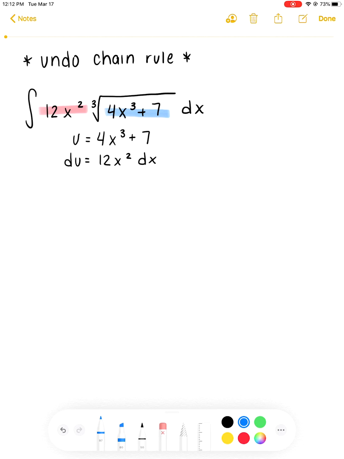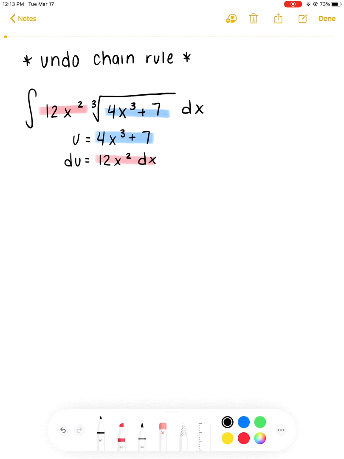Now, because I have my u in the equation, and once I found my derivative, I have my du in the equation, I know I picked the correct u. If I didn't have my du in the equation, then I would go back to my problem and try and pick something else to be my u and check to see if that derivative was in the problem.